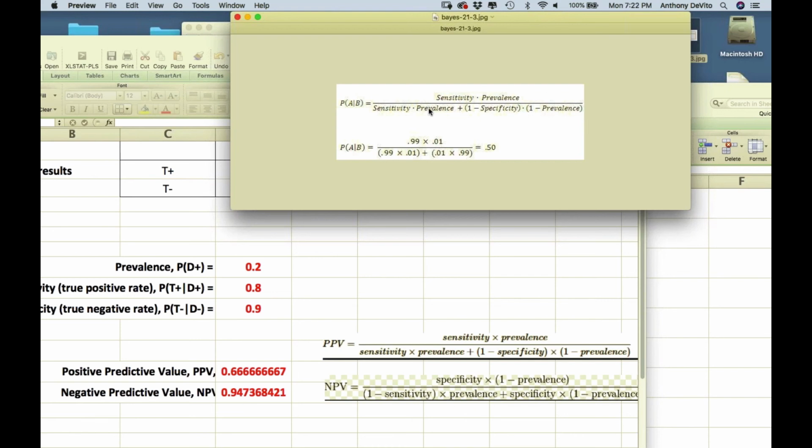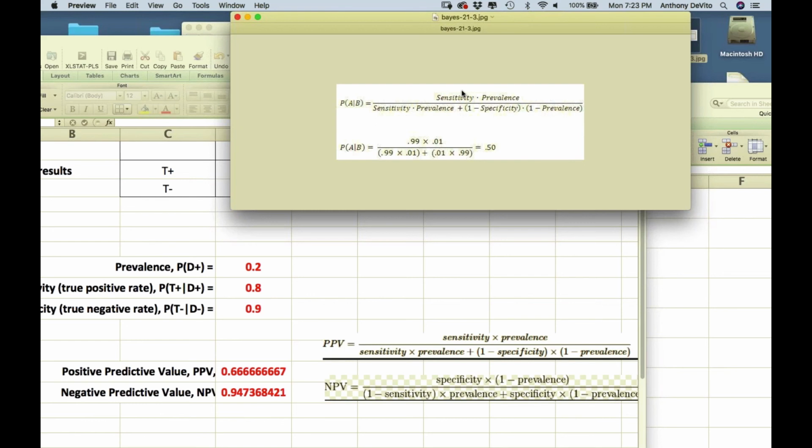So on the bottom, when we add these two together, we get the total number of people that tested positive, whether it's a true positive or a false positive, and on top, we have the percentage of people that test positive and really have the disease. Exactly the same thing that we did when we used the table.